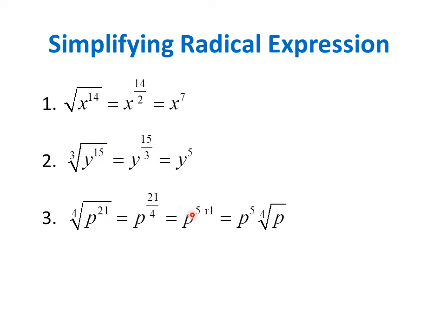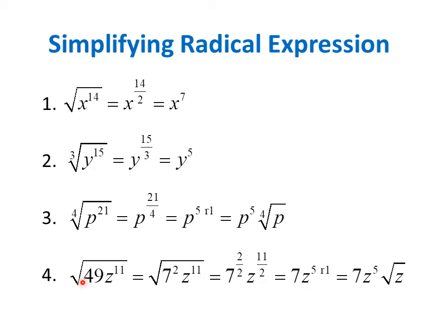Of course, that is 5, remainder 1. Therefore, outside the radical symbol, we now have p to the 5. And then since we have a remainder of 1, we have to multiply this by the fourth root, because again we are getting the fourth root of p to the 1, or simply the fourth root of p.